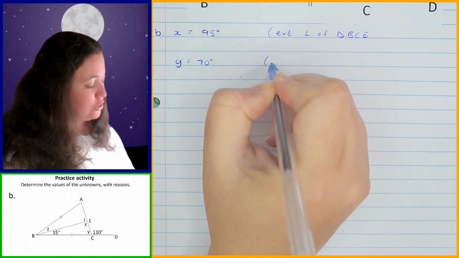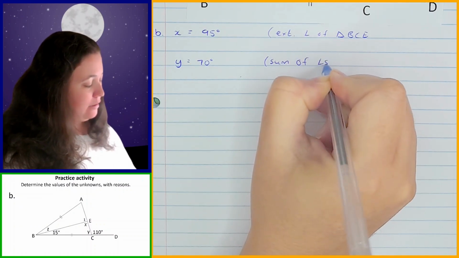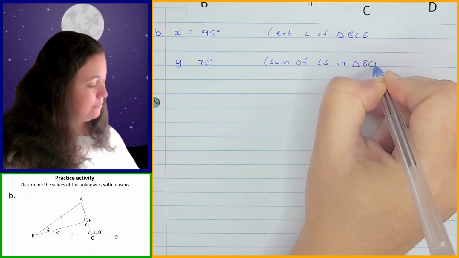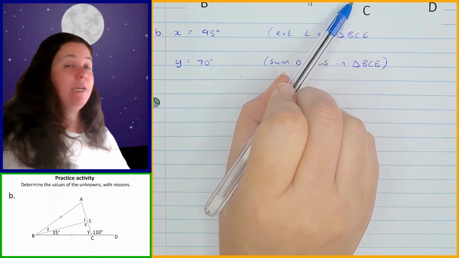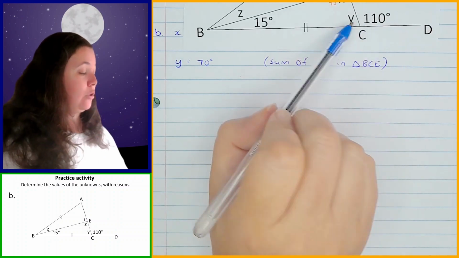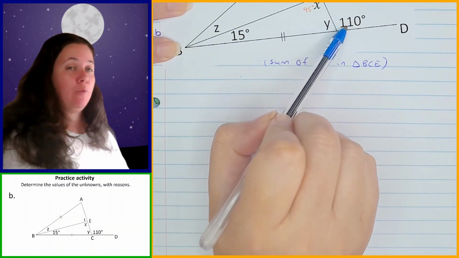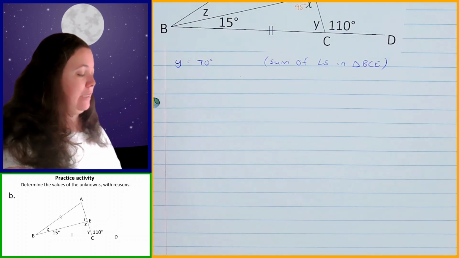So that is because of the sum of the angles in triangle BCE. But like I said, if you had angles on a straight line as your reason over here for working out y, then that would be fine as well, because it's on a straight line with 110 over there. Okay, so this is 70 degrees, and I can go and fill it in on my diagram.